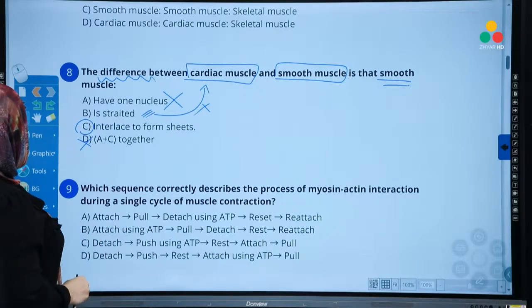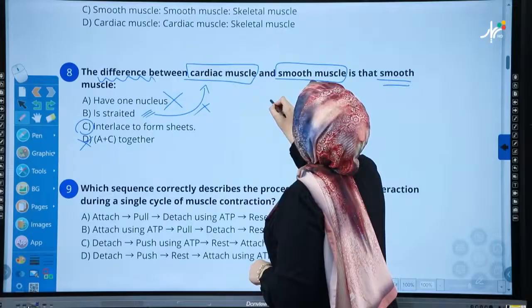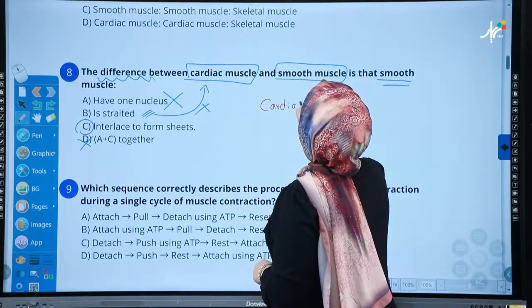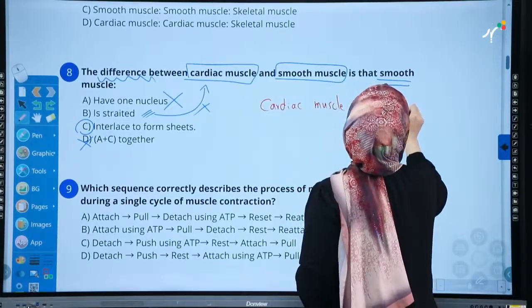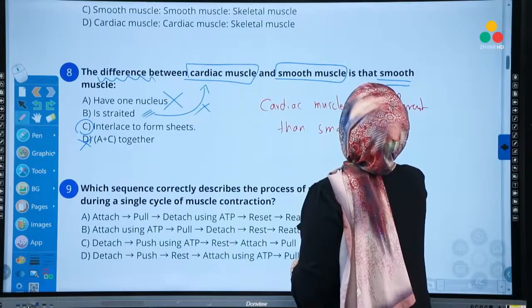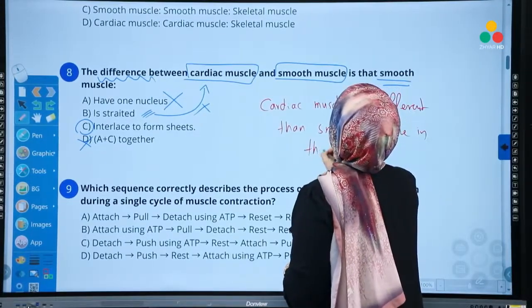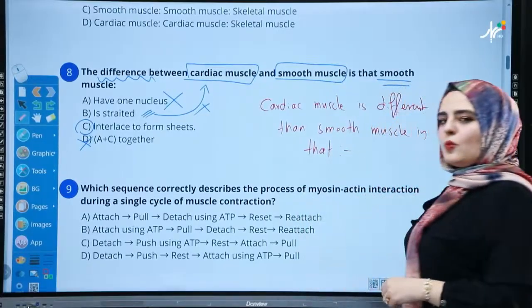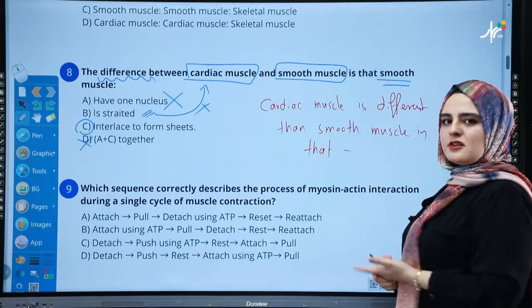However, there is something else I want you to know. The question, I'm going to rephrase it and change it, and the answer is going to change. Let's say, cardiac muscle is different than smooth muscle in that. So what are we looking for here? It didn't mention cardiac nor smooth muscle twice.